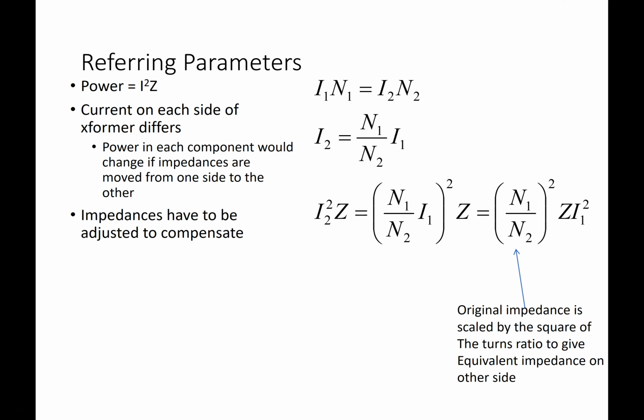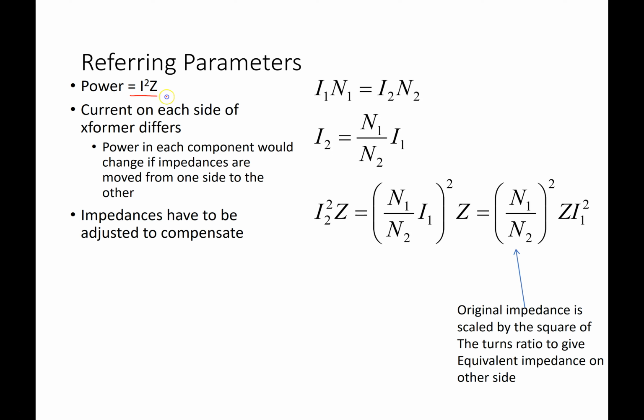So to do this now, since we are changing the impedances, we're taking them from one side and putting them on the other side, the thing that is going to change here is the current through those impedances. Now, we have to make sure that the power that the impedance dissipates is the same regardless of the side that it is on.